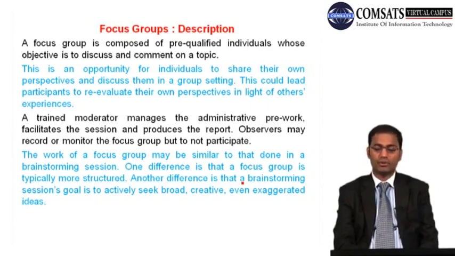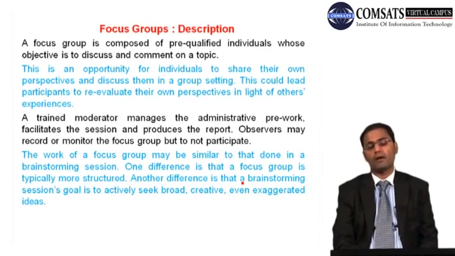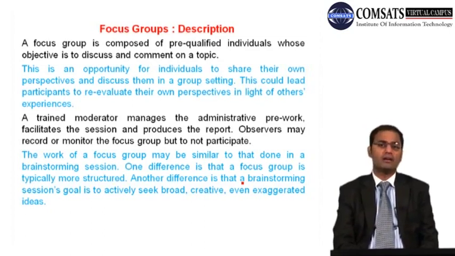And the work of a focus group may be similar to that done in a brainstorming session. One difference is that the focus group is typically more structured. Another difference is that the brainstorming session's goal is to actively seek broad, creative, even exaggerated ideas, but in focus groups they are very much confined and they behave in a bounded rationality way, because when we design focus groups, we may have one type of people in one focus group.